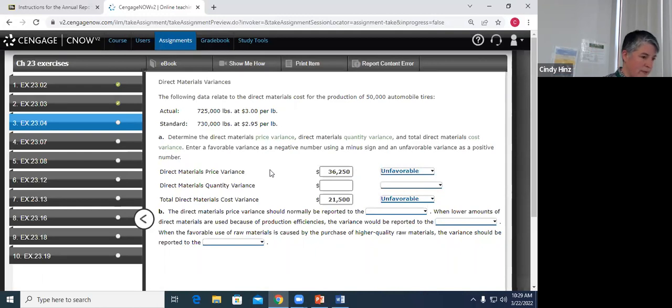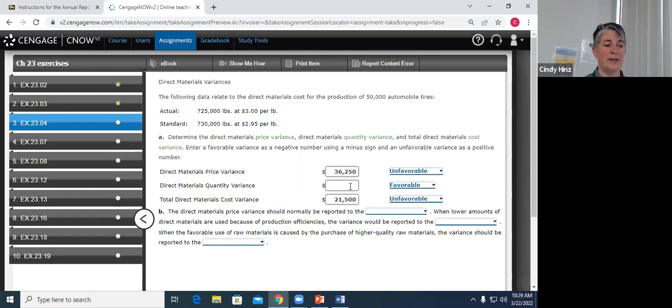Let's go to our quantity variance then. We already pointed out, just looking at the data that are provided, that we used 5,000 pounds less than we expected. So we already know it's going to be a favorable variance, and we're going to show it as a negative number. I'm going to put those in already. So how favorable?